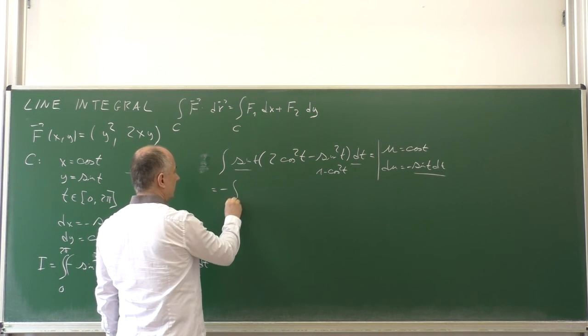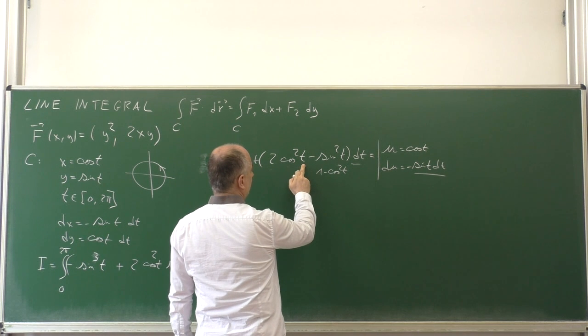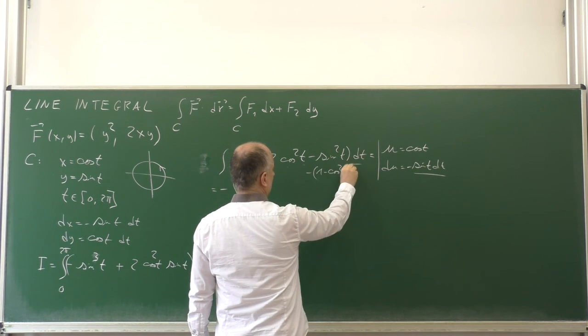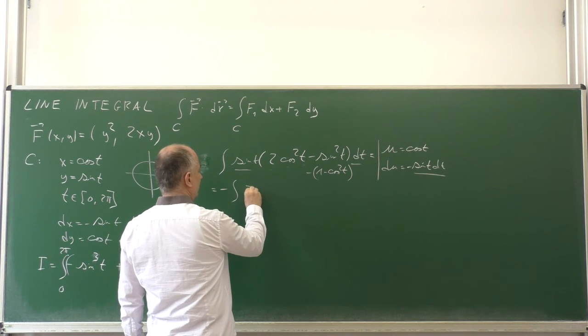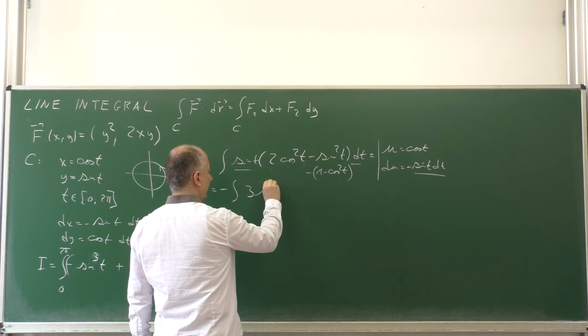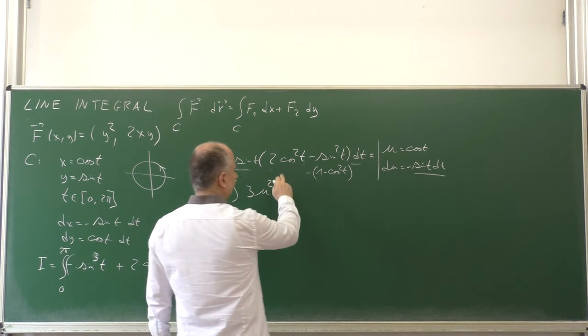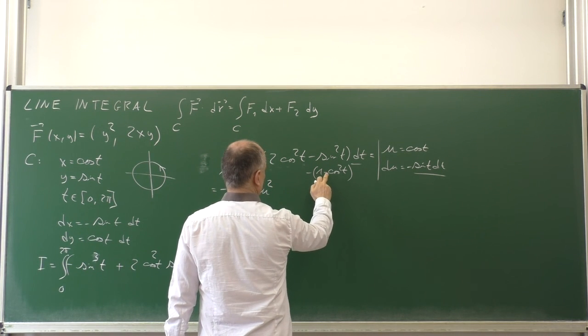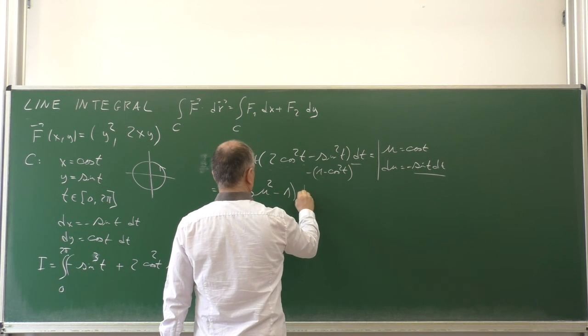And we have minus the integral, and here we have 2 cosine squared plus cosine squared, which is 3 cosine squared, and cosine is u, so we have 3u squared, minus 1, du.